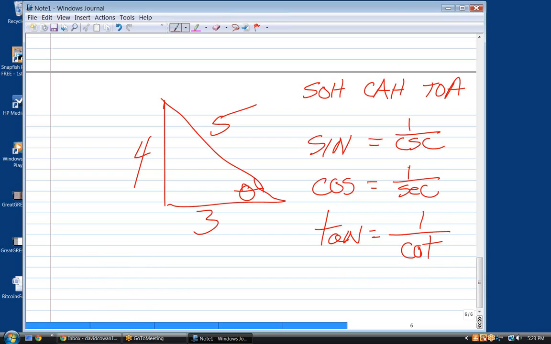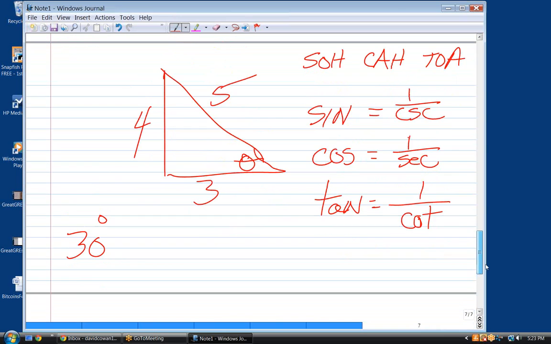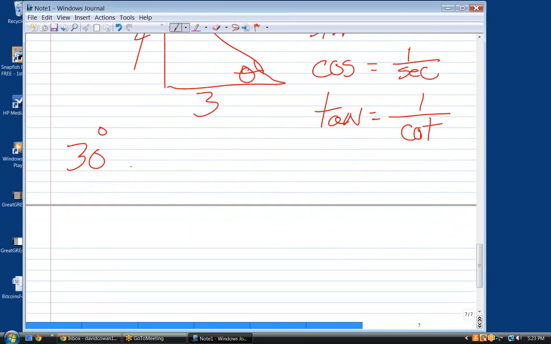But knowing this stuff here is critical. Have you started the unit circle yet? I don't think so. How do you convert degrees to radians? How do I convert 30 degrees to radians? What's the conversion factor between radians and degrees?